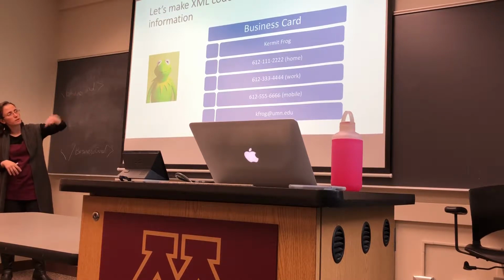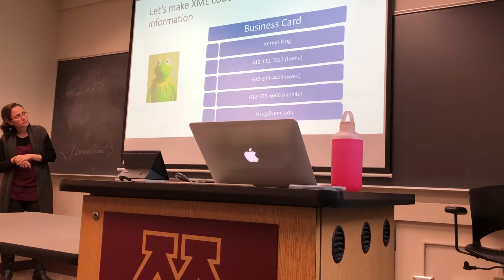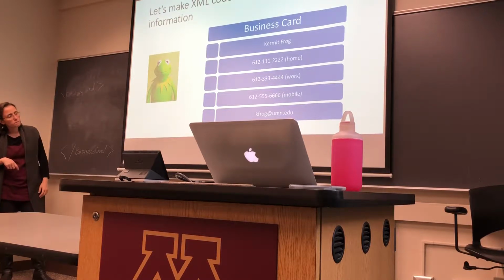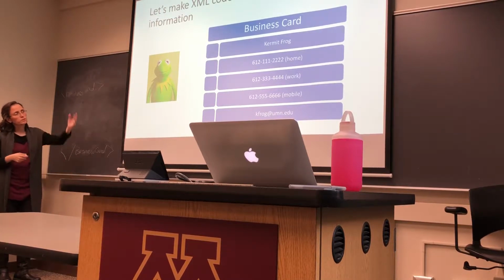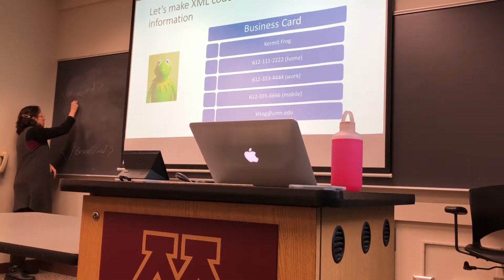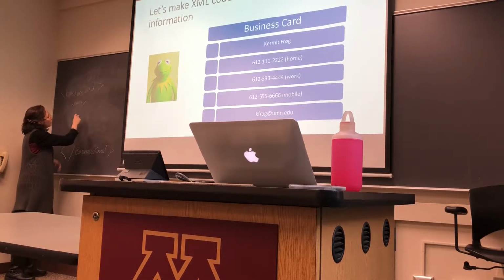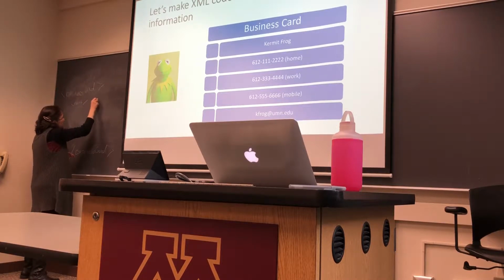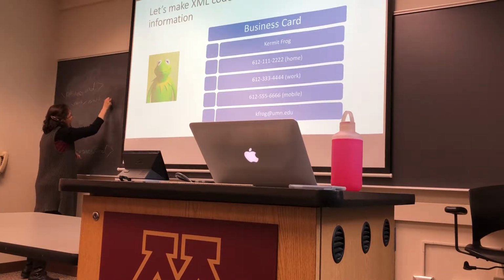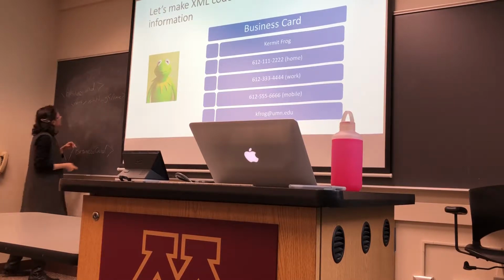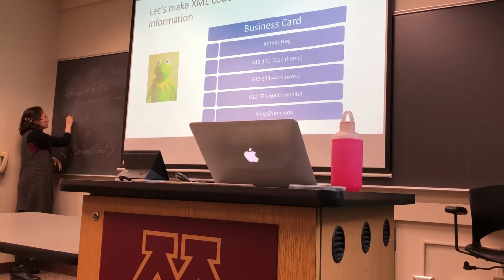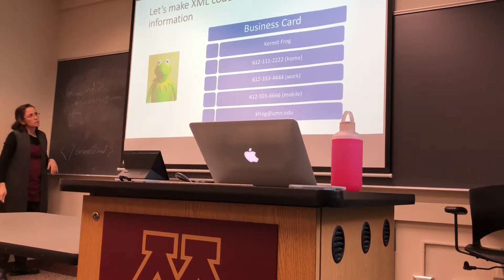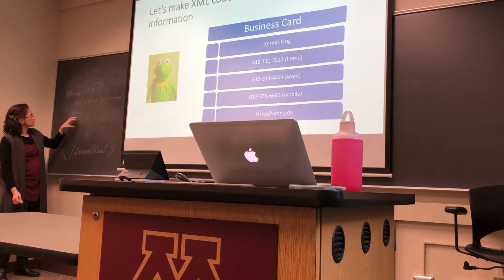It has a name, it has phone numbers, and it has an email. For each one of these, you're going to need to give a tag. For example, the name Kermit Frog, I might want to call it name, and then say here Kermit Frog, and then close name. And then for the phone, I would have a phone tag.